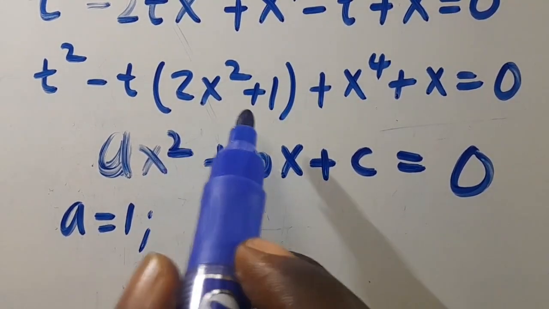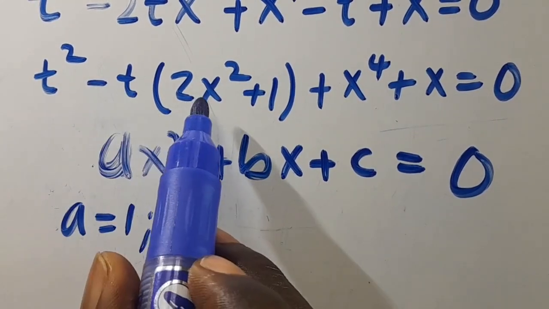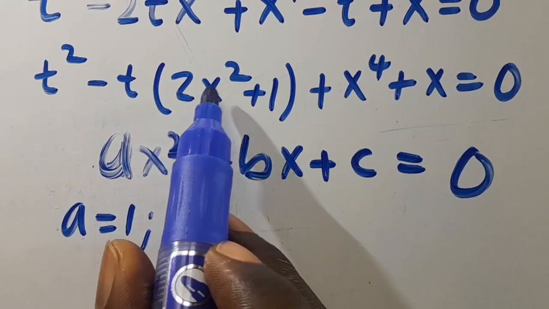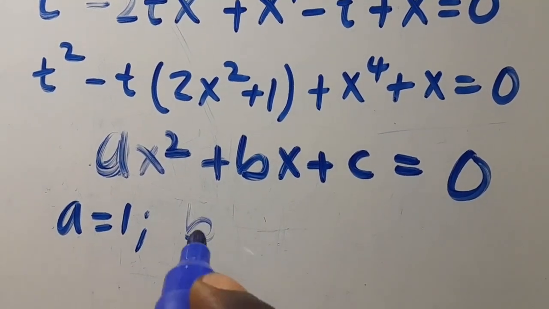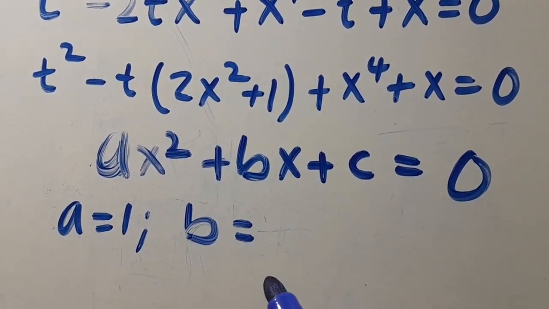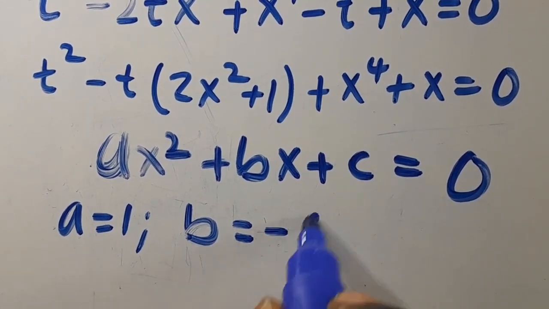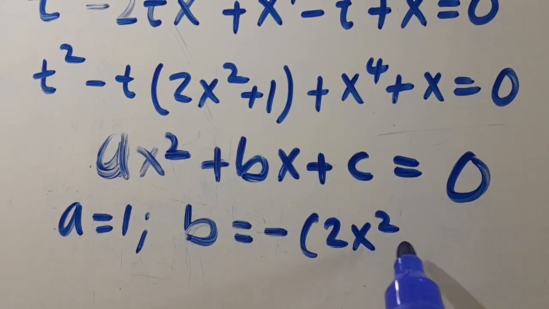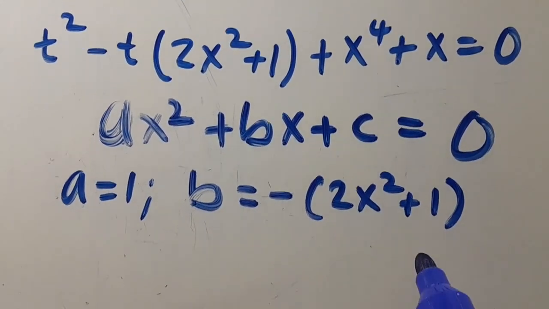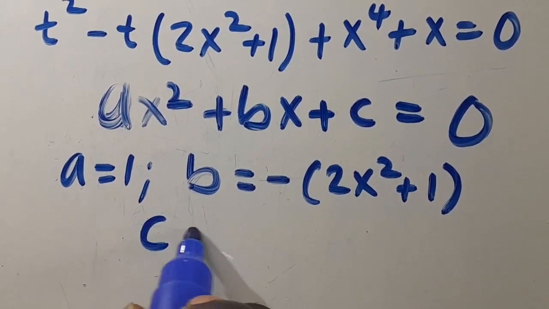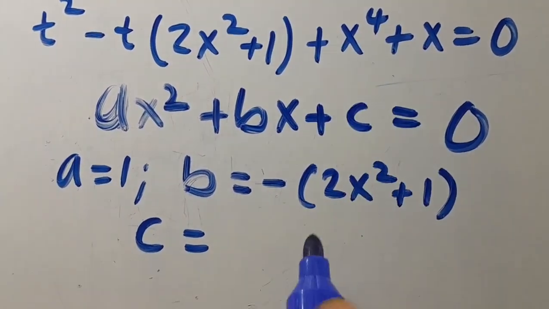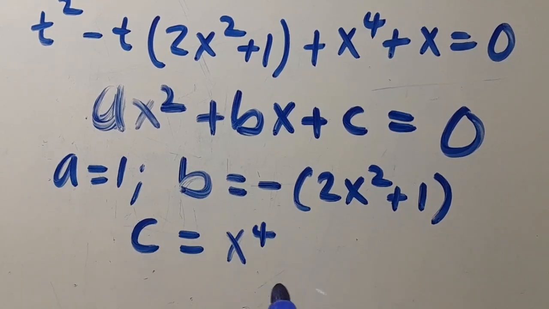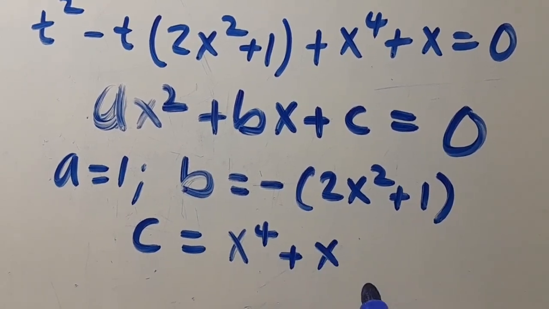The coefficient of t here is minus 2x squared plus 1. So we have our b equal to minus, outside, 2x squared plus 1. Then our c will be the constant, this x to the power of 4 plus x.